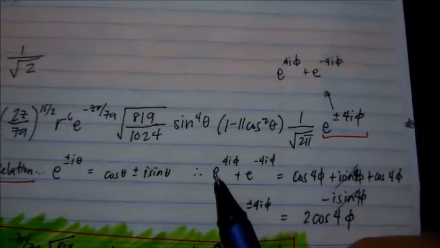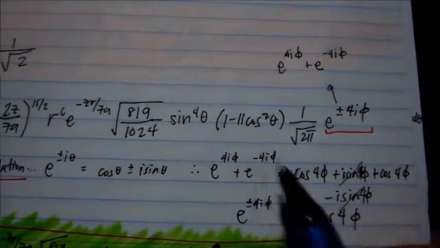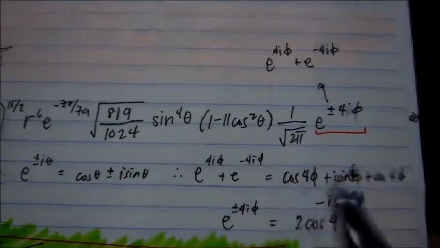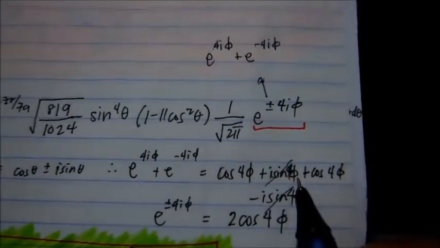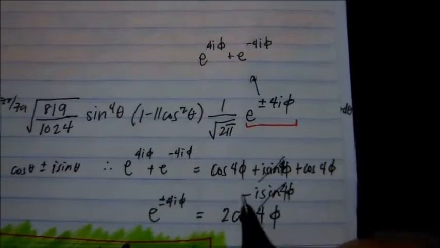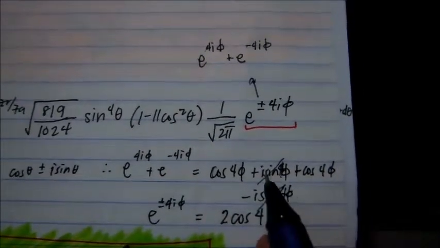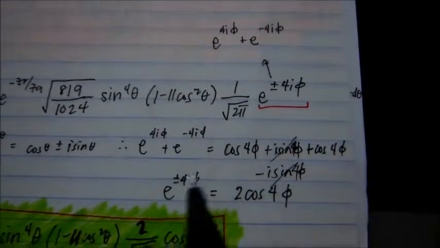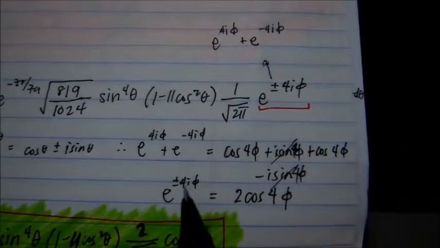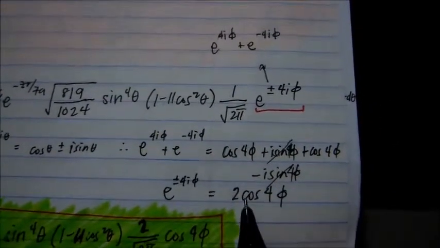Therefore, our e^(4i phi) plus e^(-4i phi) will be equal to cosine 4 phi plus i sine 4 phi plus cosine 4 phi minus i sine 4 phi. So the i sine terms cancel each other out.